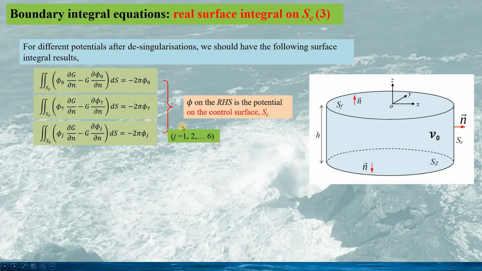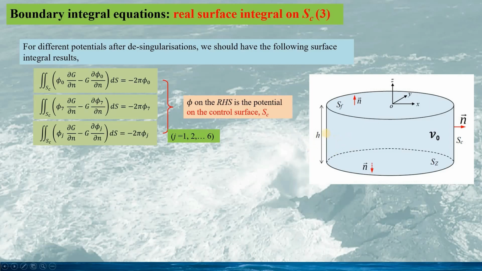And we can see here there is no special requirement on how we choose the control surface SC, whether it can be very large, for instance at the far field, or in any other site in the near field.